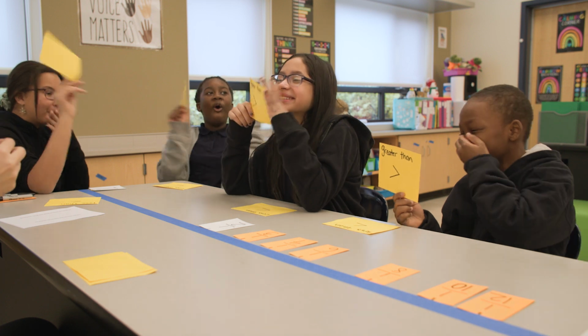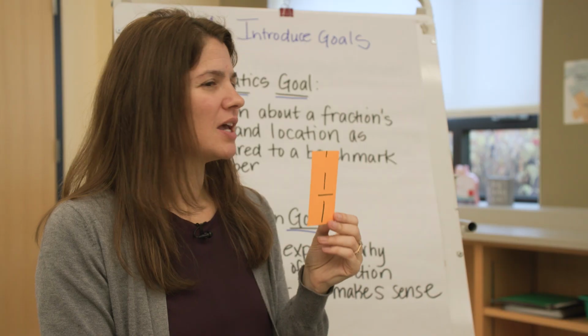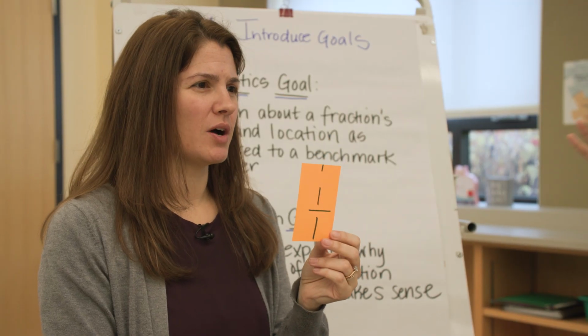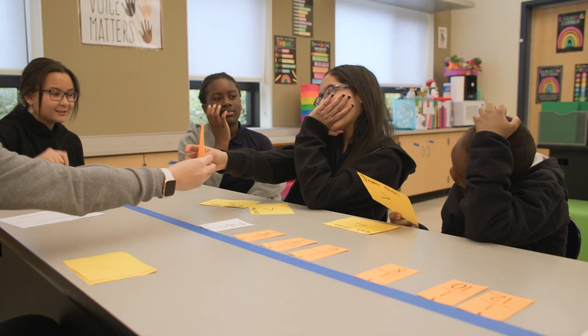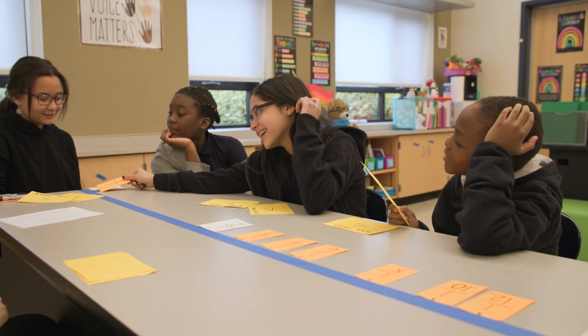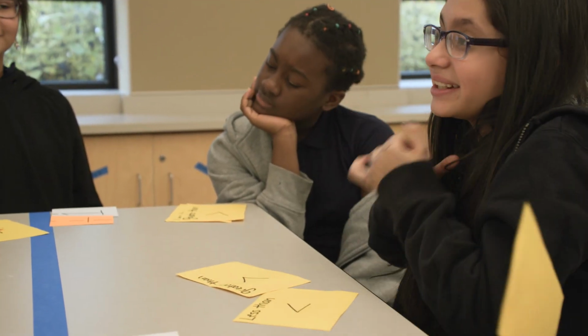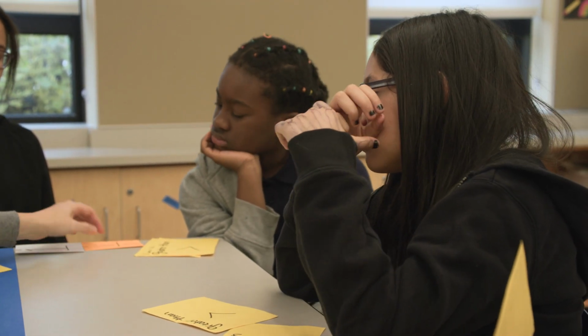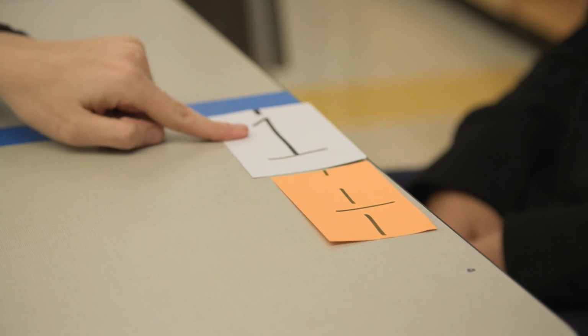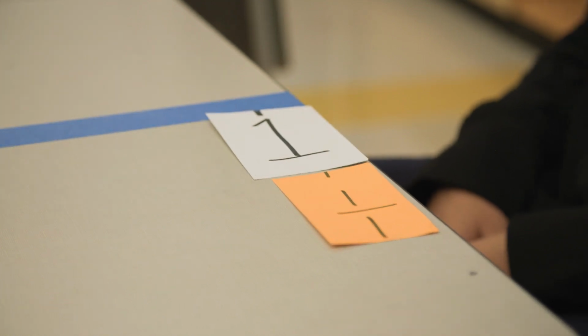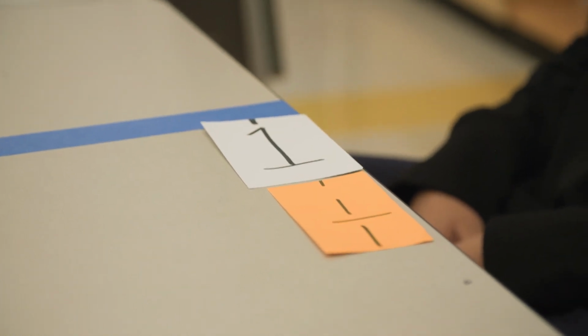And who can tell me where this would go on the number line? I feel like right here. Like on it, there's someone put it there. Yep, and if a fraction is equivalent to a number, we can put it just like that. They're the same place on a number line, and that is our fraction 1/1.